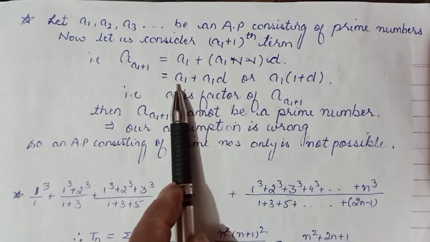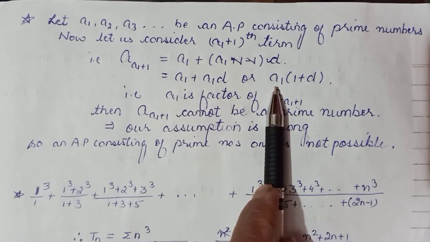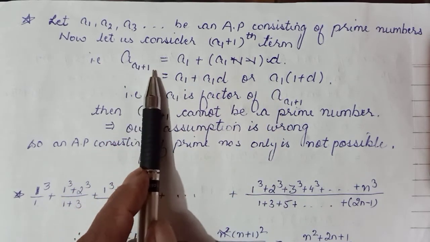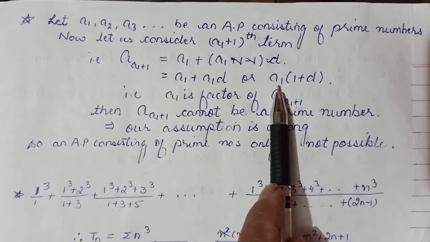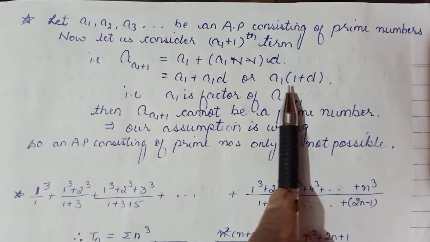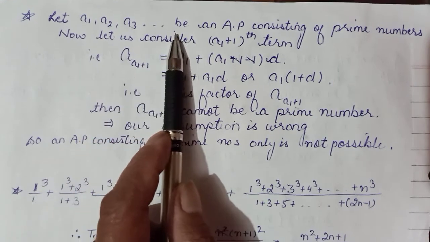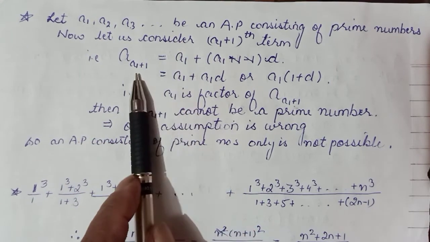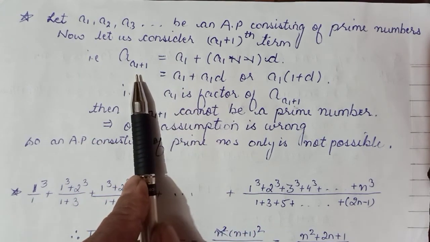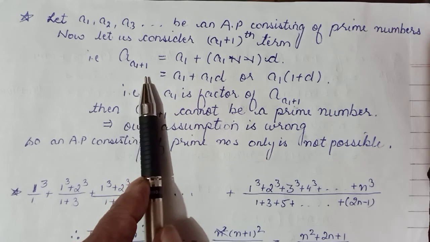Okay, then we can take A1 common from here. If you take A1 common, that means ये जो term हमने दिखाया था is coming of the form A1 into something. अभी ये क्या है, ये AP थी जिसमें सारे प्राइम नंबर्स थे, तो इसका कोई भी टर्म है, whichever term, nth term, rth term, first term, fifth term, 10th term, we are focusing on A1 plus 1th term.